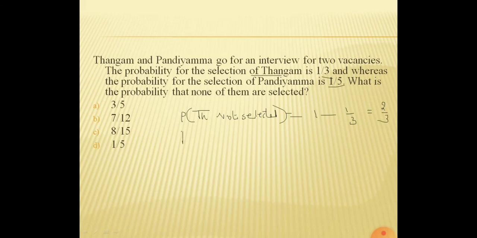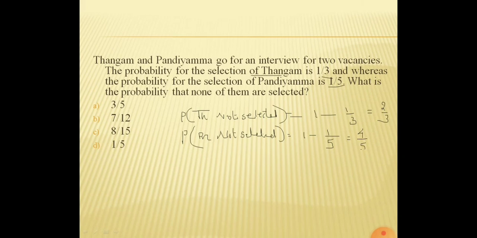Same way, probability of Pandiamma not selected. Pandiamma selected is 1 by 5. So Pandiamma not selected is 1 minus 1 by 5, it's equal to 4 by 5. Right, 4 by 5.